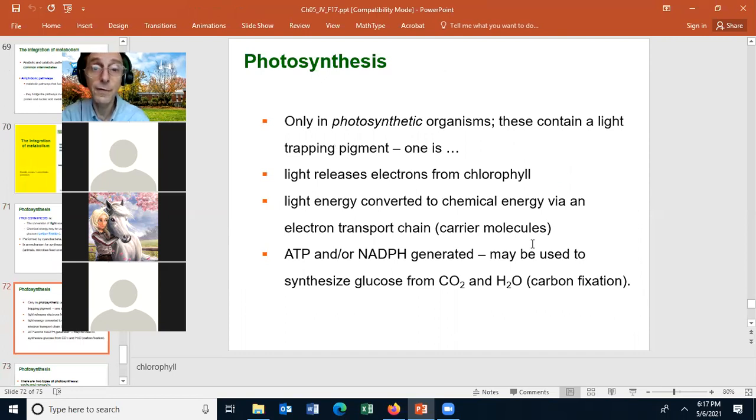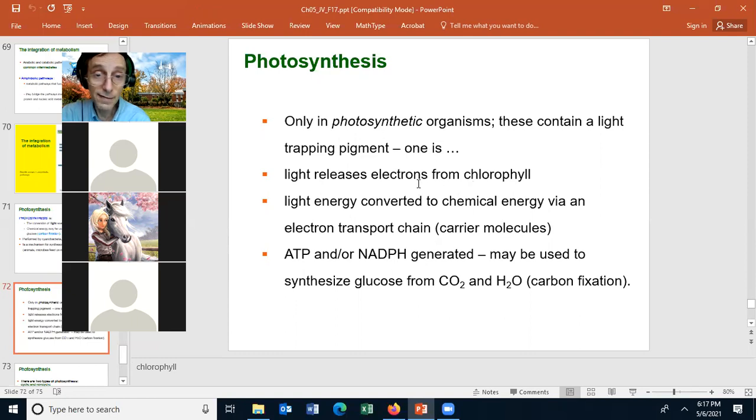Photosynthesis occurs only in photosynthetic organisms. These organisms contain a light-trapping pigment. You actually know one of them, and it's chlorophyll. The light in photosynthesis releases the electrons from chlorophyll.